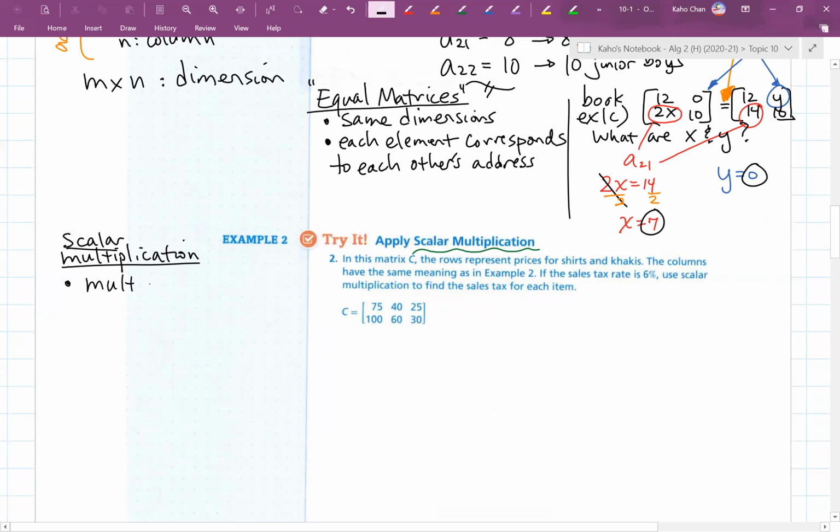It's multiplication of each element. It's like applying the distributive property. That's all you're doing, by a single real number. And that's called a scalar.